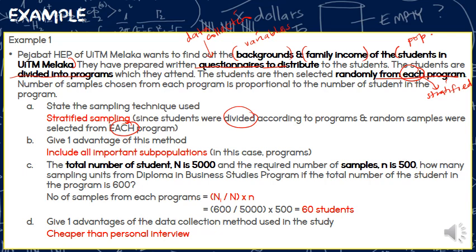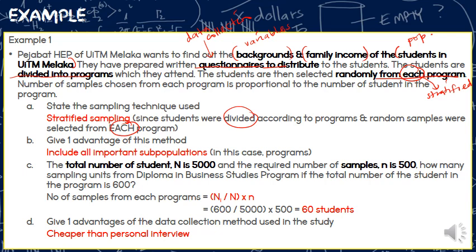So, nanti sampel awak akan ada wakil daripada setiap program. Kenapa ini advantage? Sebab sampel should represent your population. So, kalau population itu ada 10 programs, kalau pakai stratified sampling, sampel awak akan datang daripada kesemua 10 program. So, your sample will represent the whole population.